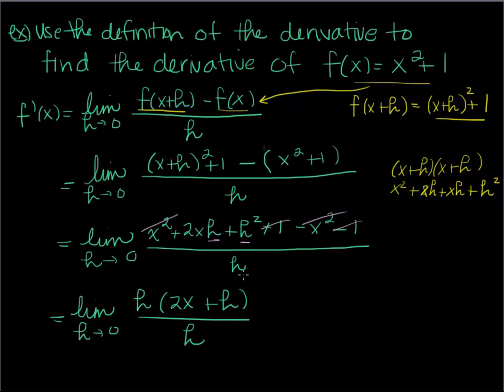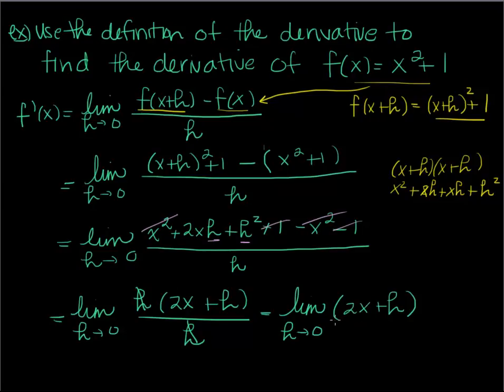So if you notice here, I just factored an h out of this term. That gave me 2x. I factored an h out of this term. That gave me h. And now the glorious thing is that these h's cancel. So look at what we have. I have the limit as h approaches 0 of 2x plus h.